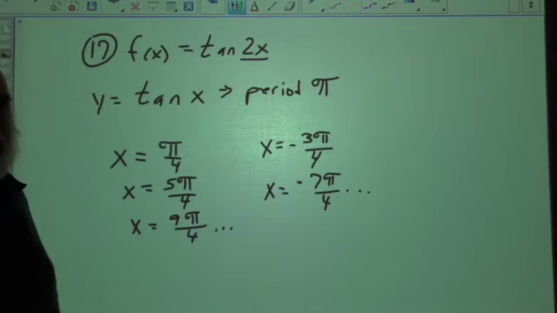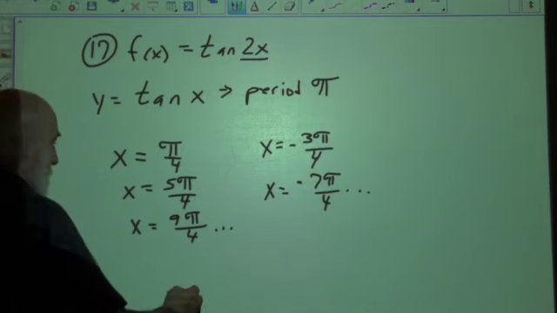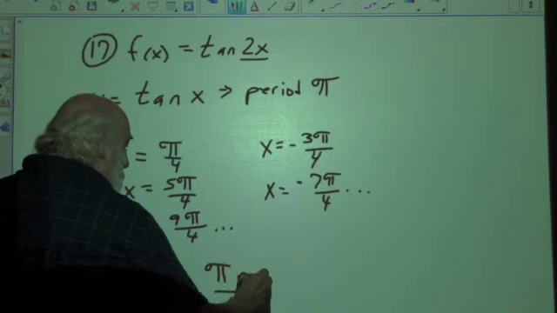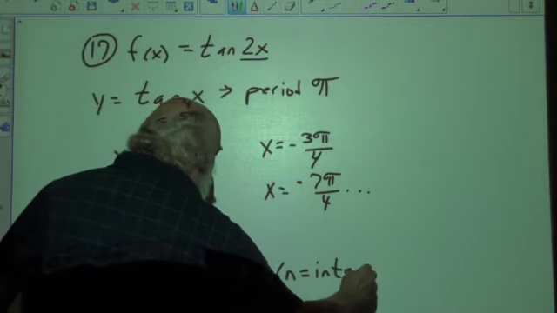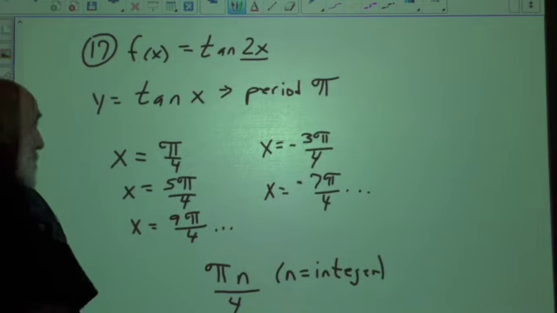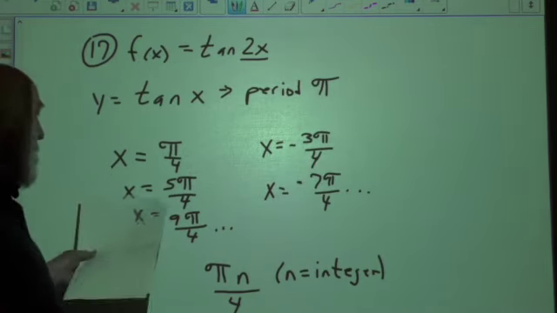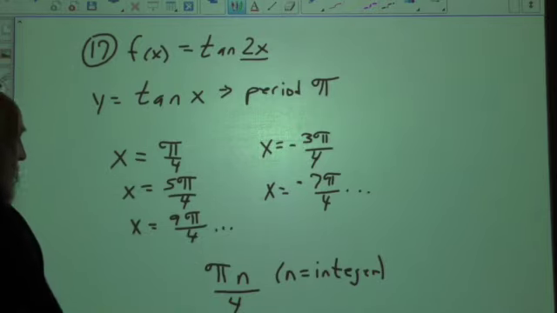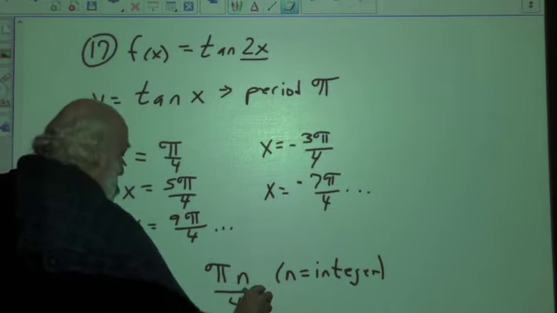You can represent this algebraically, which is fine. There is a way of doing that, where you just say pi times n over 4, where n is an integer, and integer means positive 1, negative 1. But that doesn't really work for the negative values, so it might be best to put it another way.